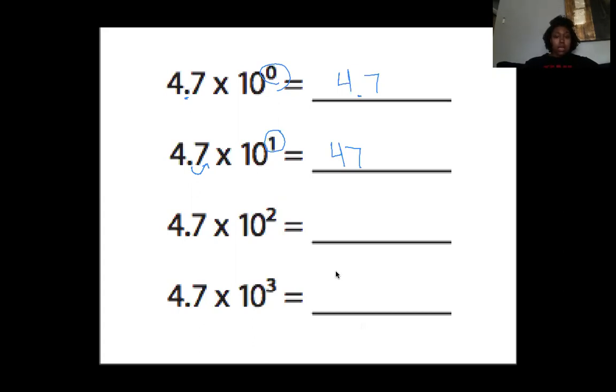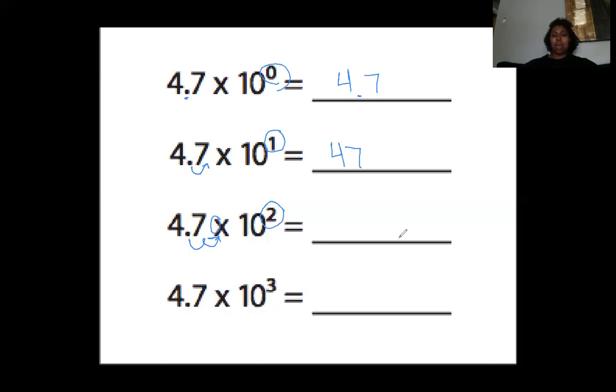So now let's look at this next problem. We've got 10 to the second power, 2, right? My exponent says 2, so that means I need to move my decimal 2 times. Okay, so right here, I'm going to skip 2 digits. Skip the 7. Uh-oh, skip a blank. What do we put in the blank? Hopefully you said 0 because you got it.